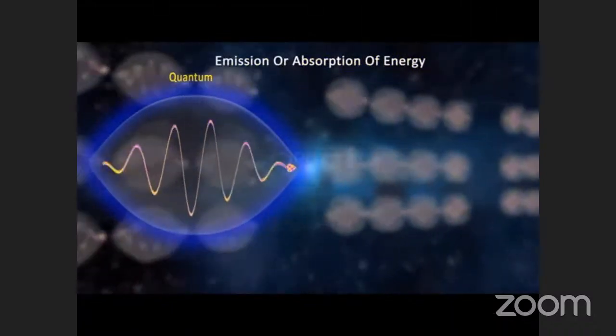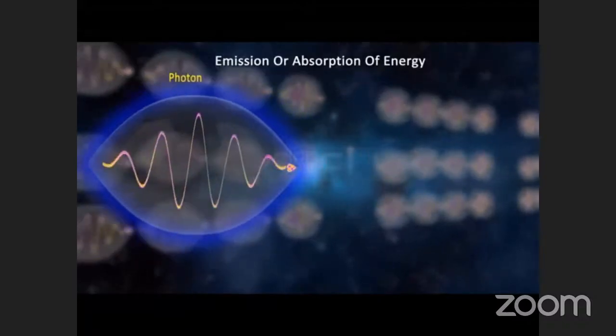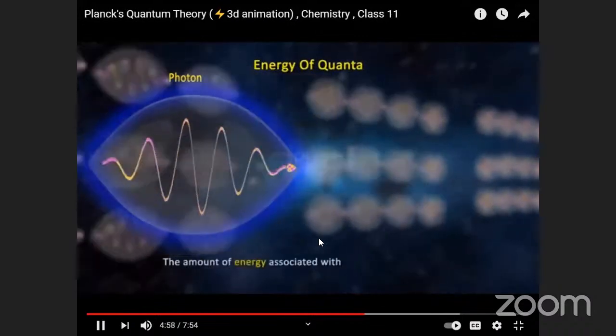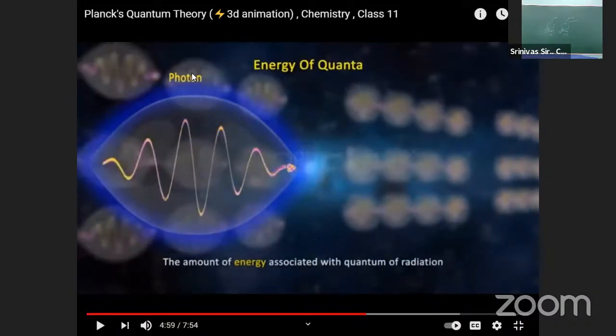In case of light, the quantum of energy is called a photon. The amount of energy associated with the quantum of radiation, see guys, this is another name for photon. Photon is nothing but the energy packet of light energy, particularly light energy. Quanta can be the small energy packets of any mode of energy.